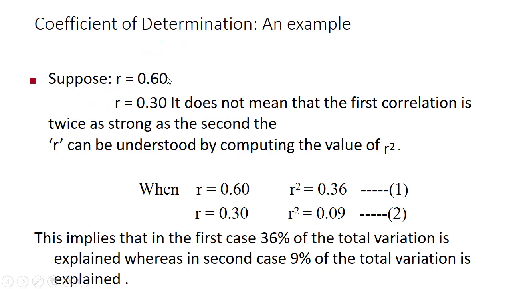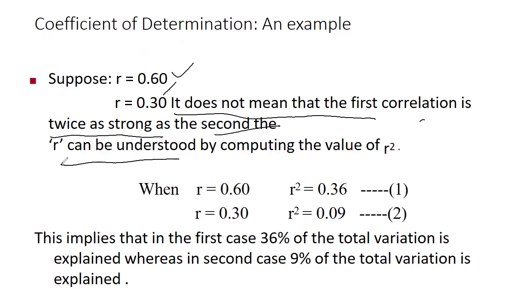Suppose R equal to 0.6 in one case, and R equal to 0.3 in another. It does not mean that the first correlation is twice as strong as the second, because R can be understood by computing the value of R square, not the value of R. So here R square is 0.36 in the first case and 0.09 in the second case.